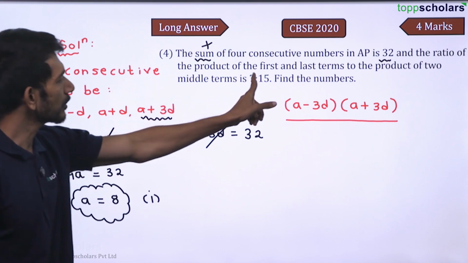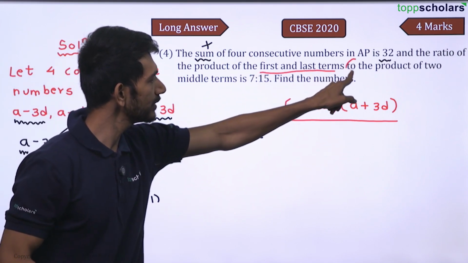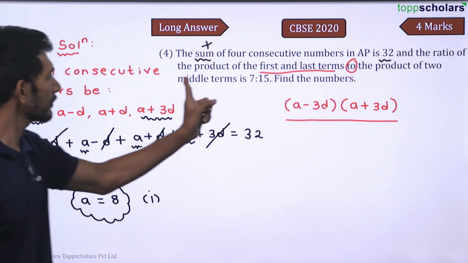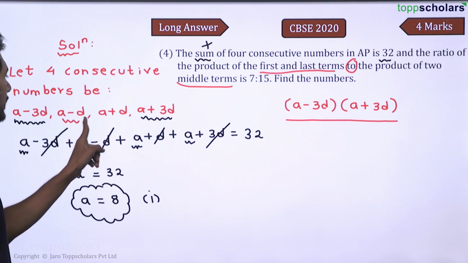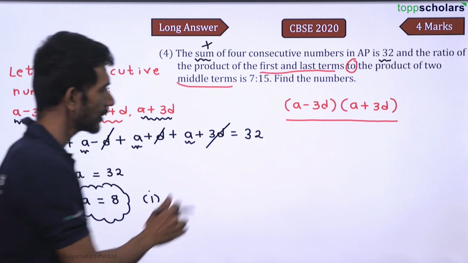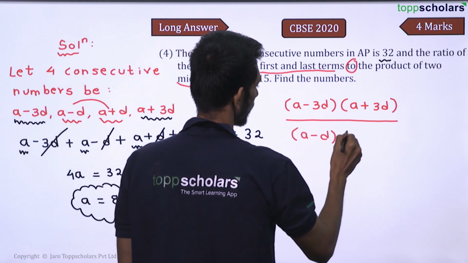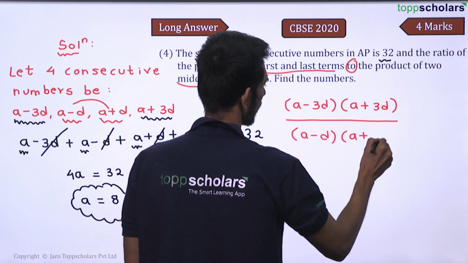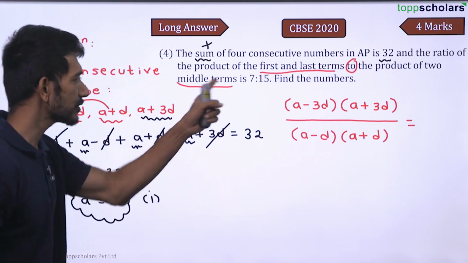The product of the first and last term to the product of the two middle terms. What are the two middle terms? A minus d and a plus d, they are in the middle, right? So take it here. That ratio is given as 7:15.